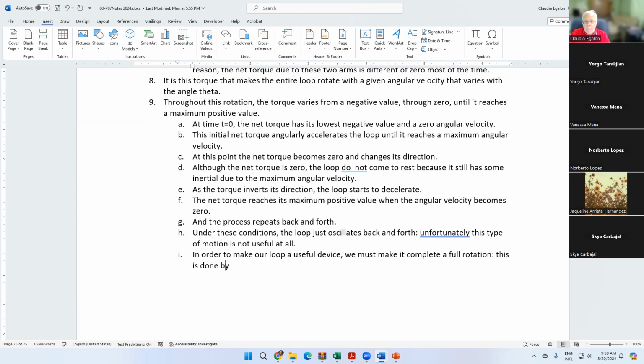This is done by inverting the current at the instant of time when the torque is zero, or when F1 and F3 are collinear with each other. Okay, that's the whole story of this device.